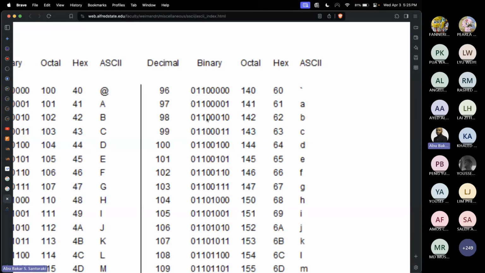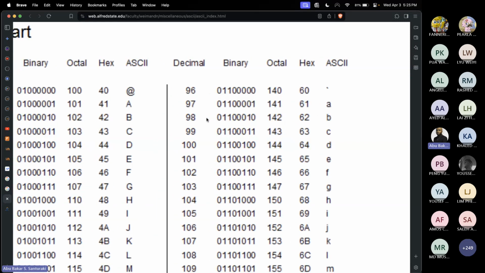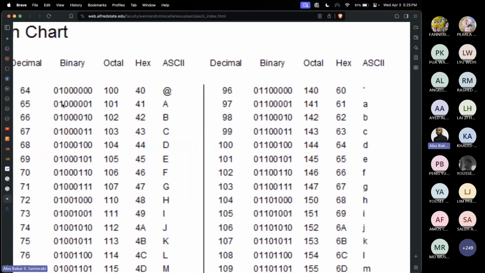Does that make sense to everybody? So the character definition for capital A is 01000001, whereas for small letter a, when you type it, it's stored as 01100001.